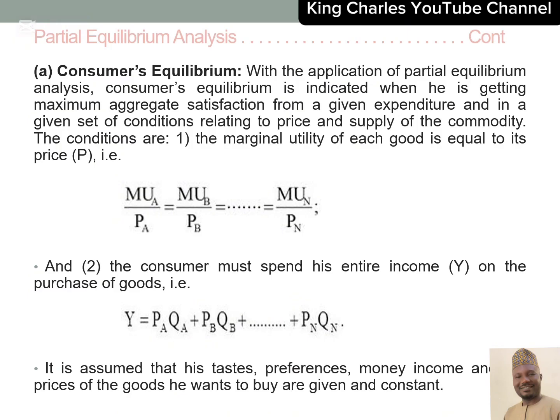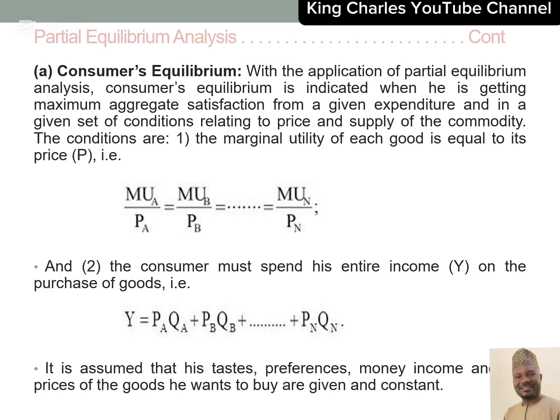What are we establishing here? We are saying that if, for instance, you have 1,000 naira, for you to be at equilibrium, the entire 1,000 naira must be distributed across the different commodities that you consume.